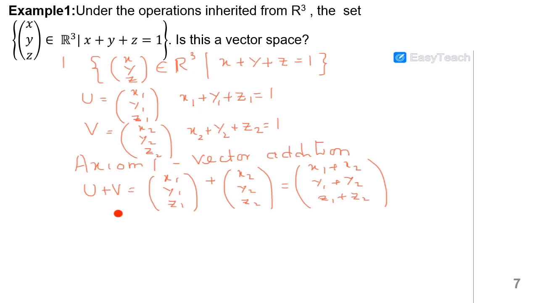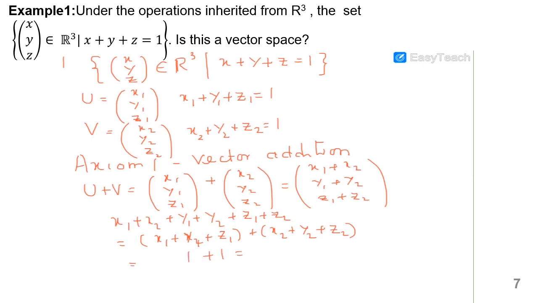The condition is x1 plus x2 plus y1 plus y2 plus z1 plus z2, that is equal to (x1 plus y1 plus z1) plus (x2 plus y2 plus z2), that is equal to 1 plus 1, that is 2, so not equal to 1.